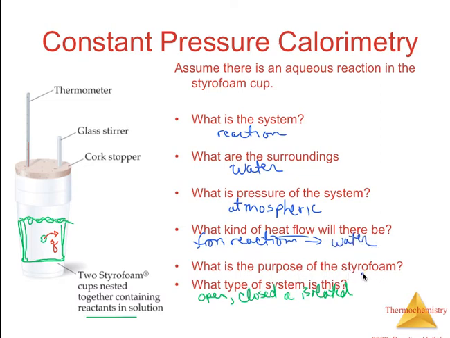The purpose of the styrofoam is as an insulator to make this an isolated system. I answered that question. Hopefully this makes sense. If it does not, please ask questions. These are important concepts when determining system and surroundings and looking at what's happening with that heat flow.